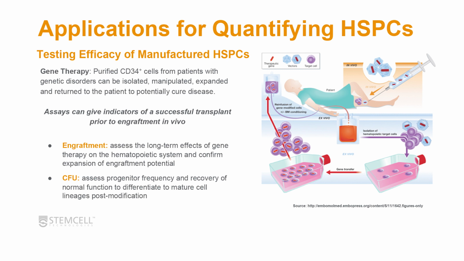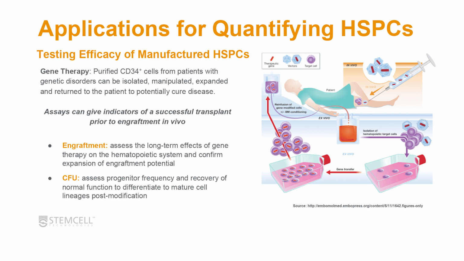When it comes to applications for quantifying hematopoietic stem and progenitor cells, this is something that people looking at novel therapies, especially gene therapy, have used to test the efficacy of their manufactured product.